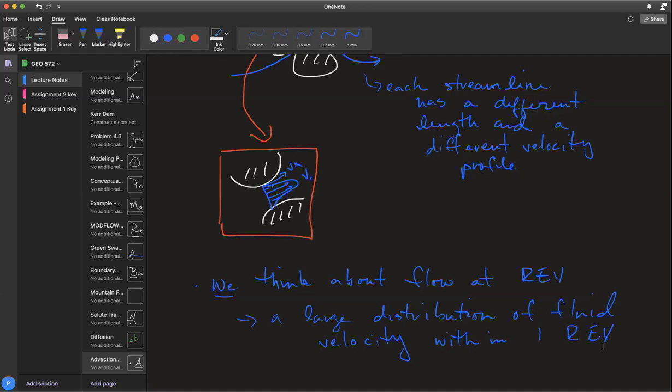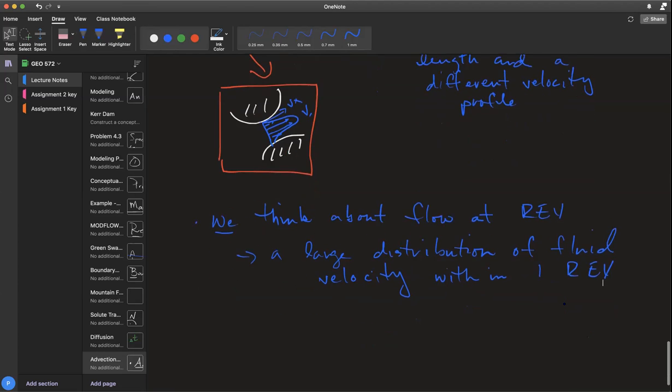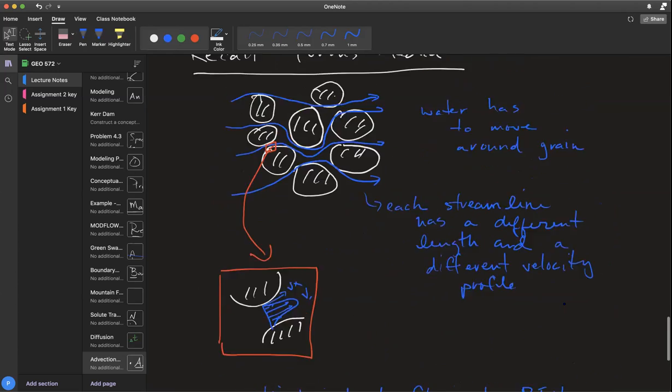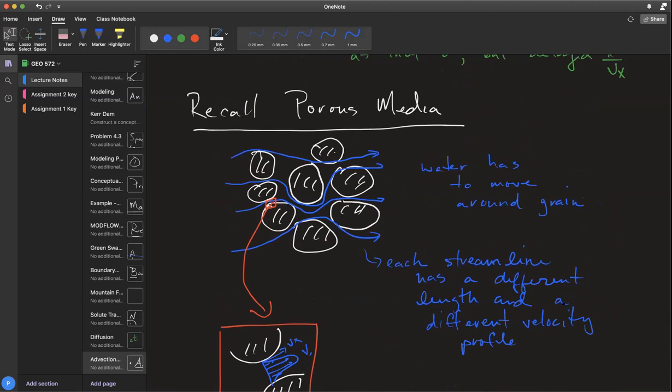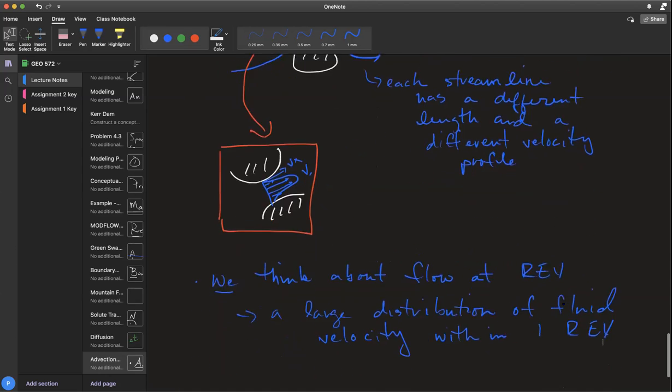And so the way we handle this idea of scale is that, as groundwater scientists, we think about flow in a cube, a representative elementary volume of porous media. And we're going to assume that there's an average velocity through that REV. But we have to deal with the fact that stuff that's moving through there is being moved by a whole bunch of different flow paths at a whole bunch of different velocities.